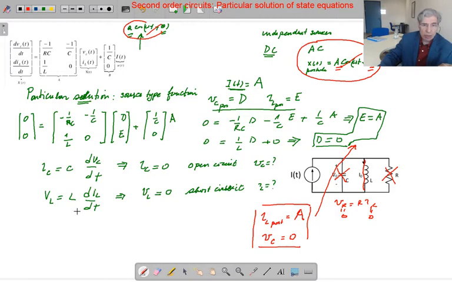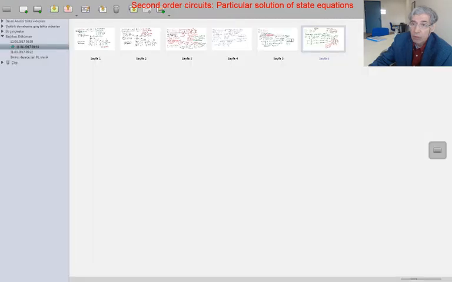You're going to make all the capacitors open circuit, and you're going to make all the inductors short circuit. So this is not only for second order circuits. Any circuit which includes capacitors and inductors and independent DC sources, you can apply this rule. So there would be no problem. So that is the end of this video now. So let's stop here.